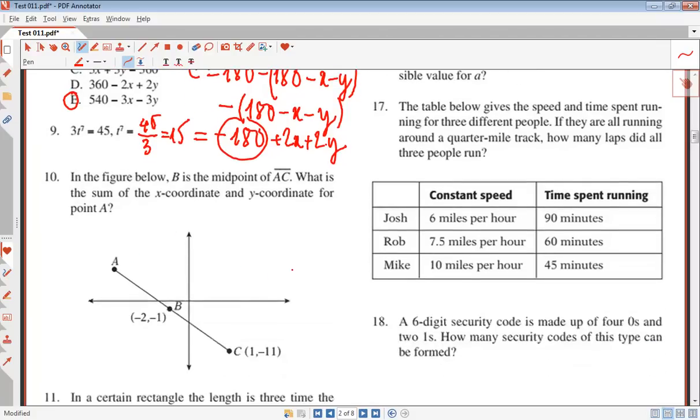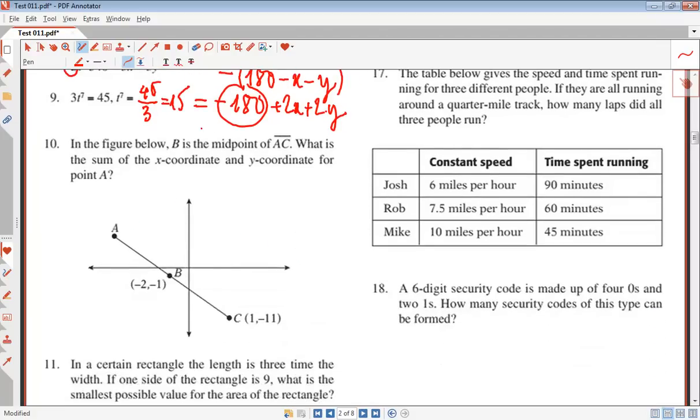Question number 10. In the figure below, B is the midpoint of the segment AC. What is the sum of the x coordinate and the y coordinate for point A? Here we have the point B is the midpoint of the segment AC.